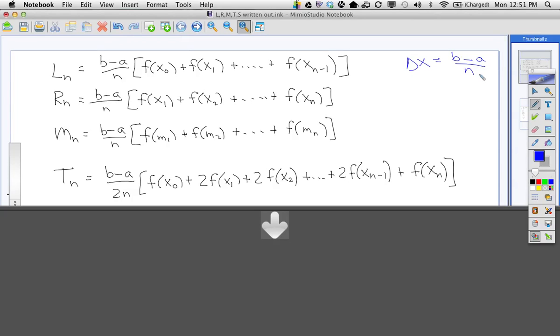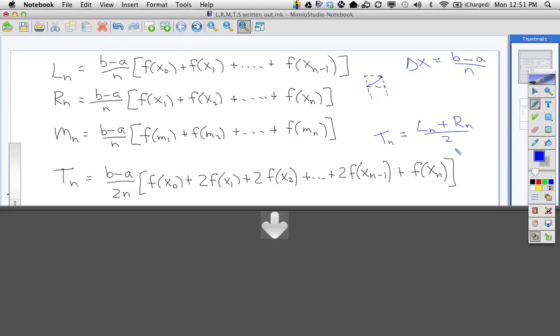Now, we also talked about another way to do a trapezoid. You remember another little shortcut? It involved the left and the right. Here's a left rectangle, here'd be a right rectangle, and here'd be the trapezoid. Just an average, right? So another way to do a trapezoid is to add your left and your right together and divide by 2.